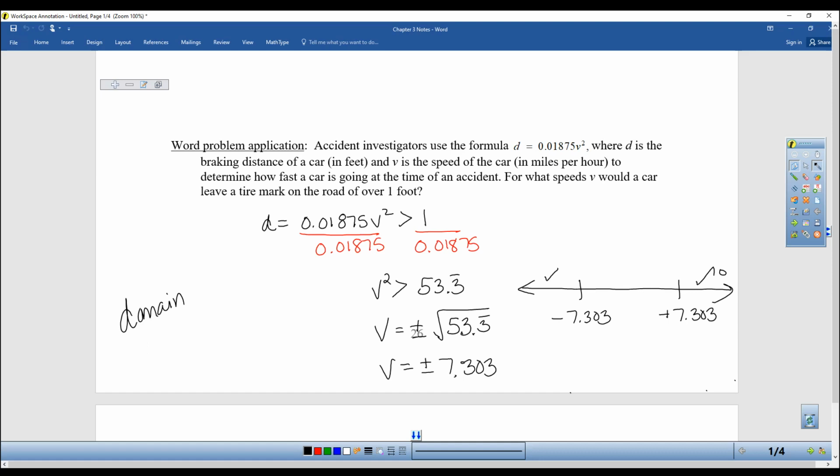Well, it's going to have a positive speed. So v is greater than or equal to 0. So I'm actually not going to consider this as part of the answer. So if the velocity is greater than 7.303 miles per hour, then it's going to leave a tire mark on the road of greater than 1 foot.